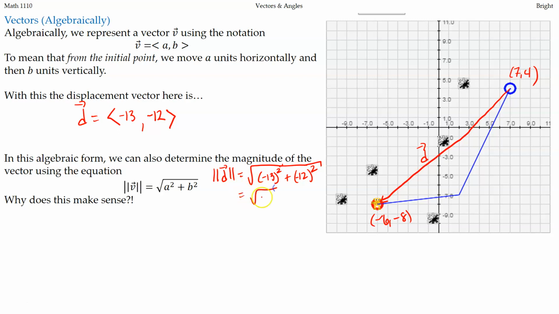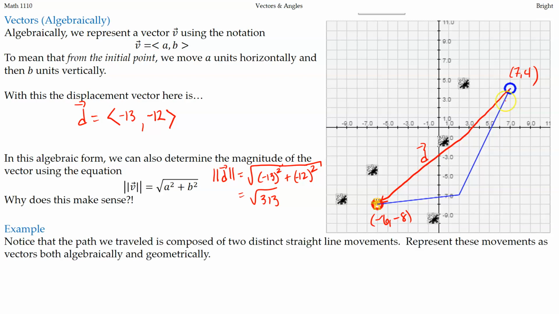This is going to be that square root of 313 that we saw before. Why does this make sense? If you think about it long enough, the length or magnitude of the vector, since it is a straight line, is just the length of that line, which is our distance formula, right?